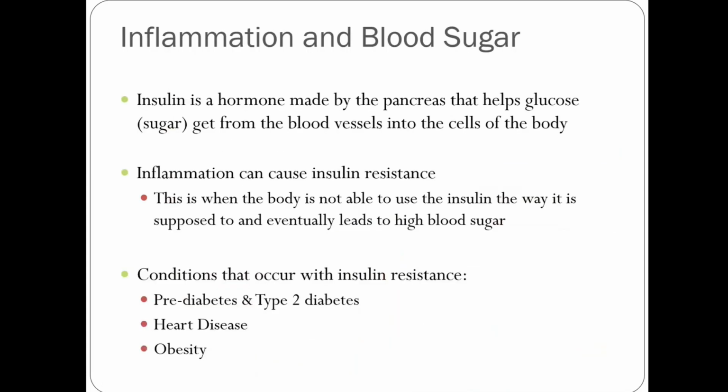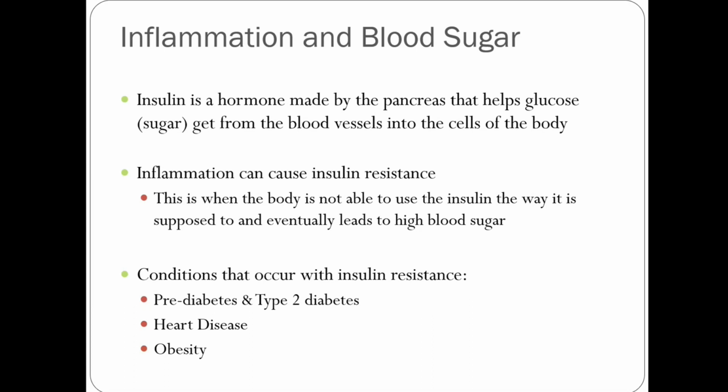So, inflammation and blood sugar. We're going to talk about the connection here. First, we should look at insulin, which is a hormone made by the pancreas that helps glucose, or sugar, get from the blood vessels into the cells of our body. Inflammation can cause insulin resistance.